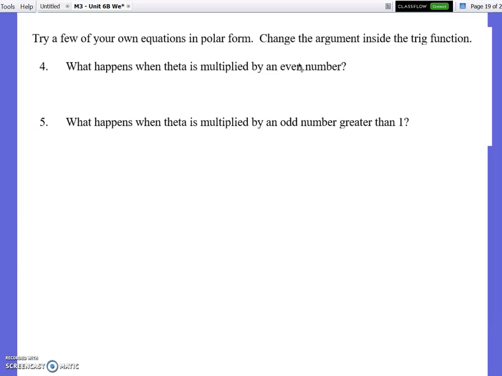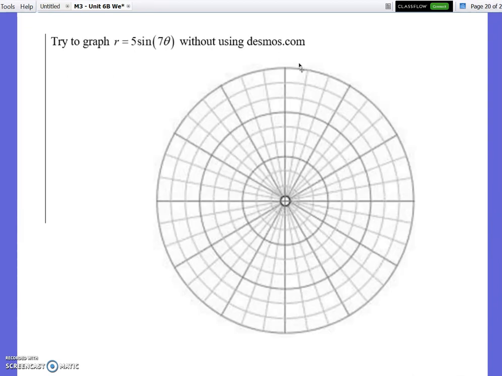So take, I don't know, several minutes to play around, and when you are finished playing around, then I would like you to try to graph this one without using Desmos. If you can't, that's totally fine. This will be extra credit on the exam that we're about to give.